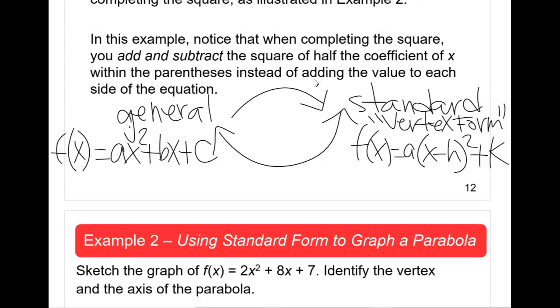So to go in this direction, from general to standard form, we will use completing the square.